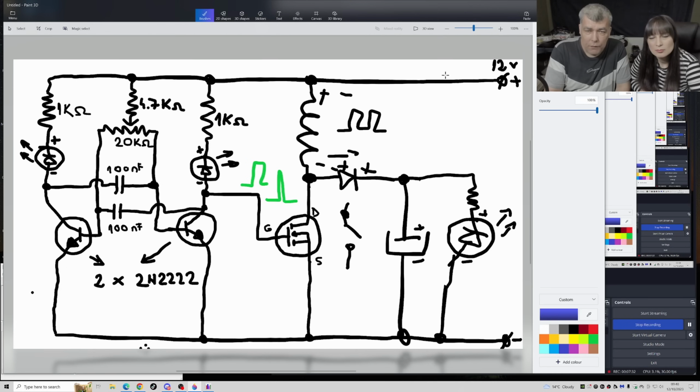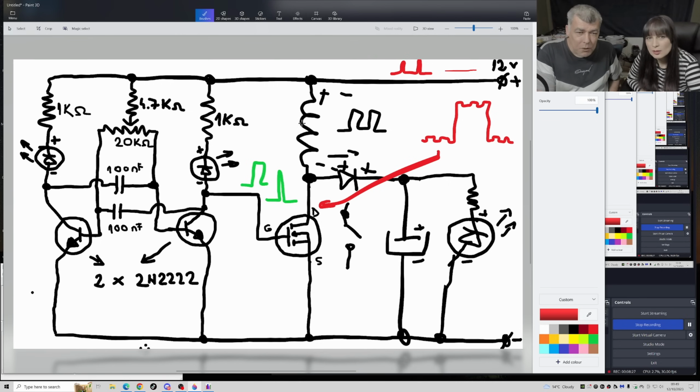If this is not aligned, so you supply power like that, then the output here will probably be something like this. It goes up when it's switching, then here you have again something like that, and then it goes down, and then again something like that.